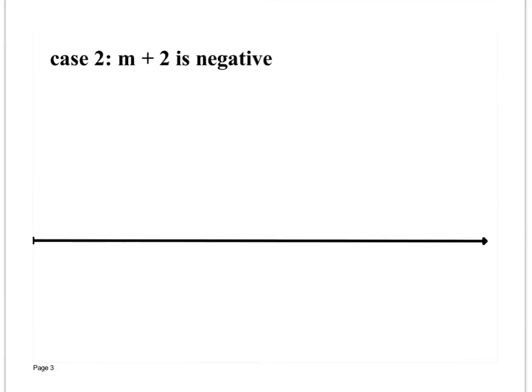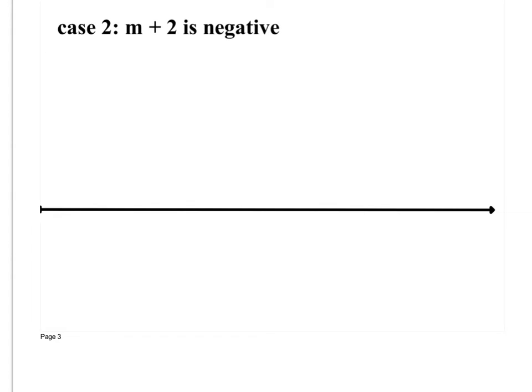Then you have to do case 2, where m plus 2 is negative. Now I'm going to show you the first step. This step is not necessary as long as you know what you need to do. We're going to treat m plus 2 as negative. So I rewrite it just like I had everything, but I put m plus 2 in parentheses with a negative.